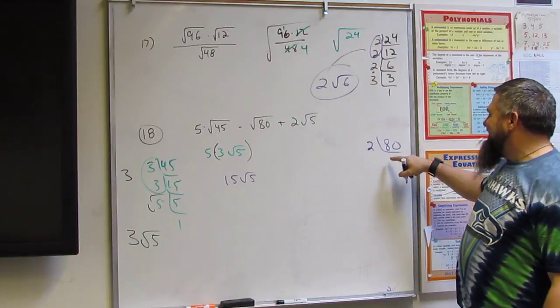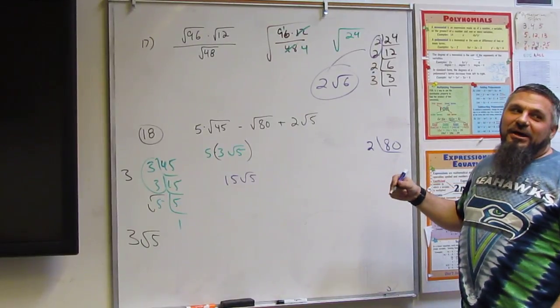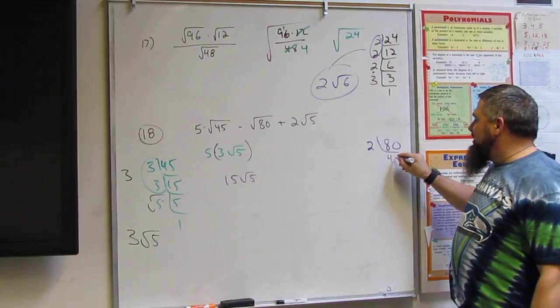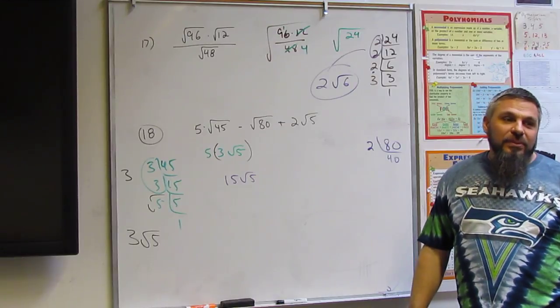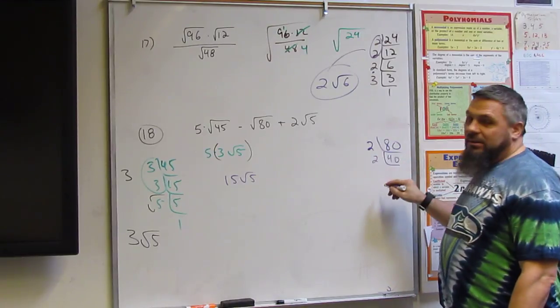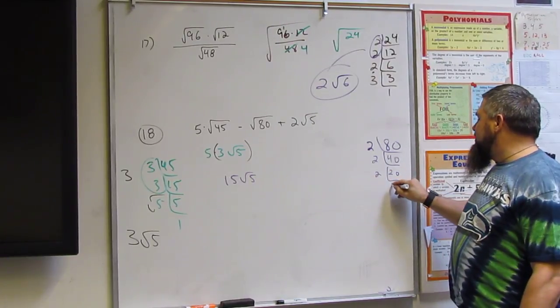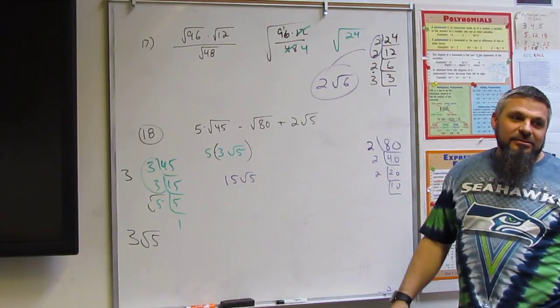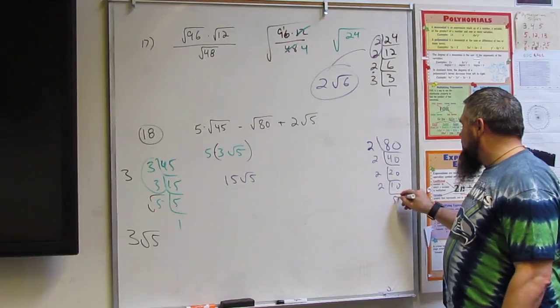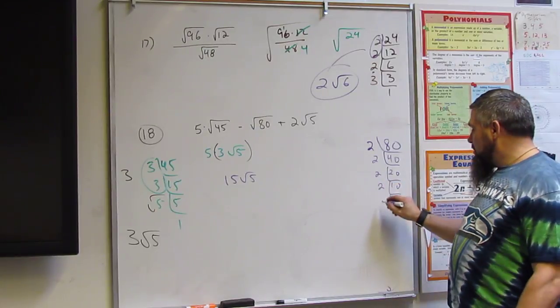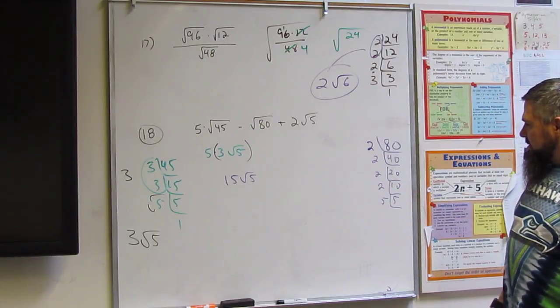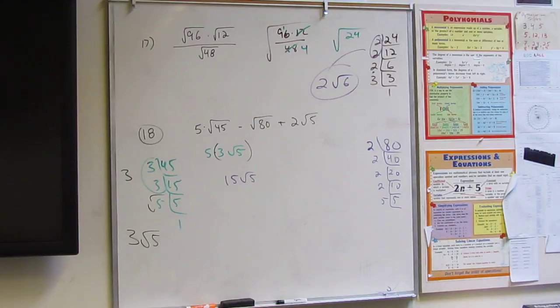Rosie, you're too smart. But 2 goes into 80 40 times, right? 2 goes into 40 20 times. 2 goes into 20... 10 times. 2 goes into 10 5 times. That's 5. And then I pick out my pairs.